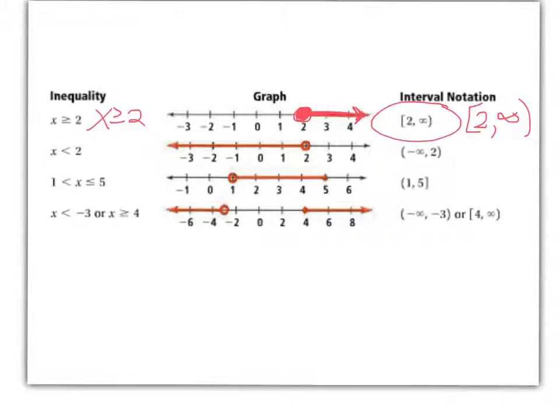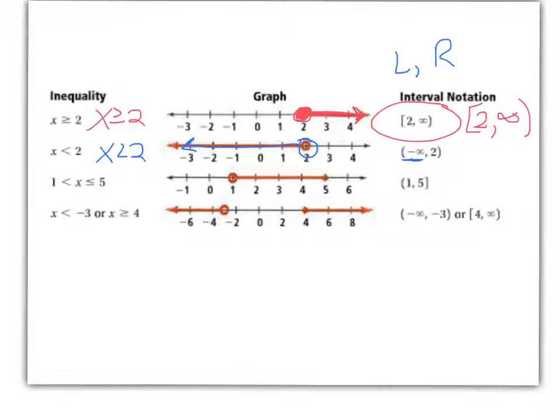Okay, so then number 2, here we have x is less than 2. On our graph we come to 2, it's an open circle, and we shade numbers that are less than 2. You'll see with interval notation, you always have a left boundary and a right boundary, always in that same order. Now the left boundary is actually negative infinity because it goes forever to the left.